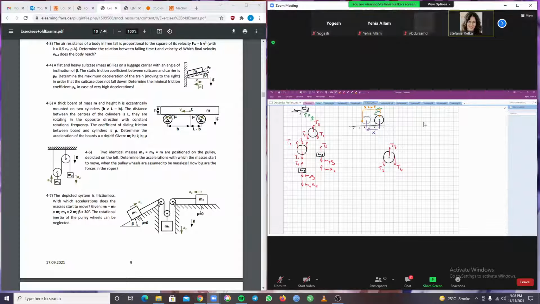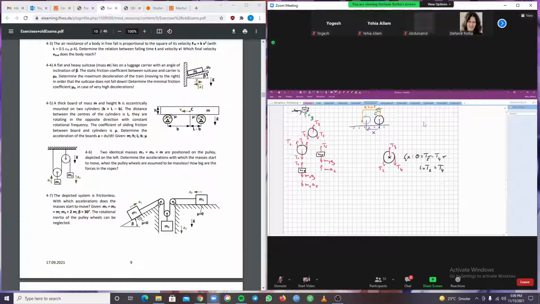And then if we build the equilibrium condition, the equation of momentum with respect to the center of the pulley, then we would obtain 0 is equal to 2 T2 times R minus T4 times R, and this would result in the tensions being of same size. So if you're unsure, then simply assume different forces, and then your equations will show you whether they are of same size or not.